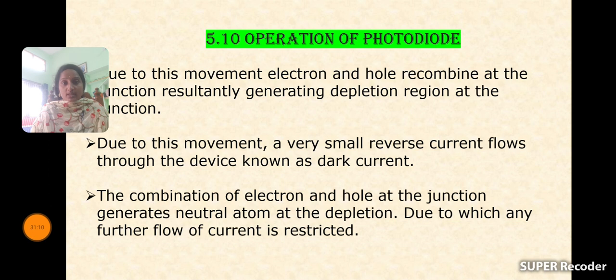Due to this movement of minority charge carriers, a very small reverse current flows through the device. That is known as what? Dark current. And the combination of electron and hole at the junction generates neutral atoms at the depletion region, due to which any further flow of current is restricted.